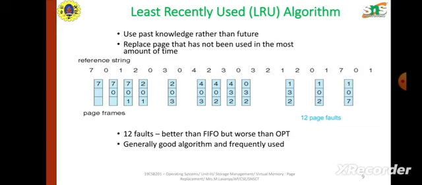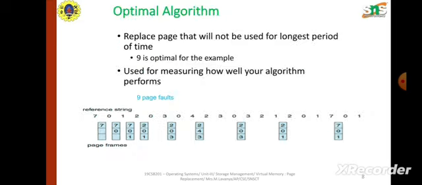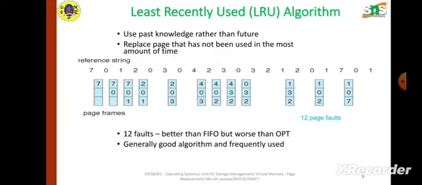So, while considering these 3 page replacement algorithms, the LRU has a better page fault rate compared to FIFO, because for the same problem under the FIFO page replacement algorithm, it has 15 page faults, but in LRU it has only 12 page faults.